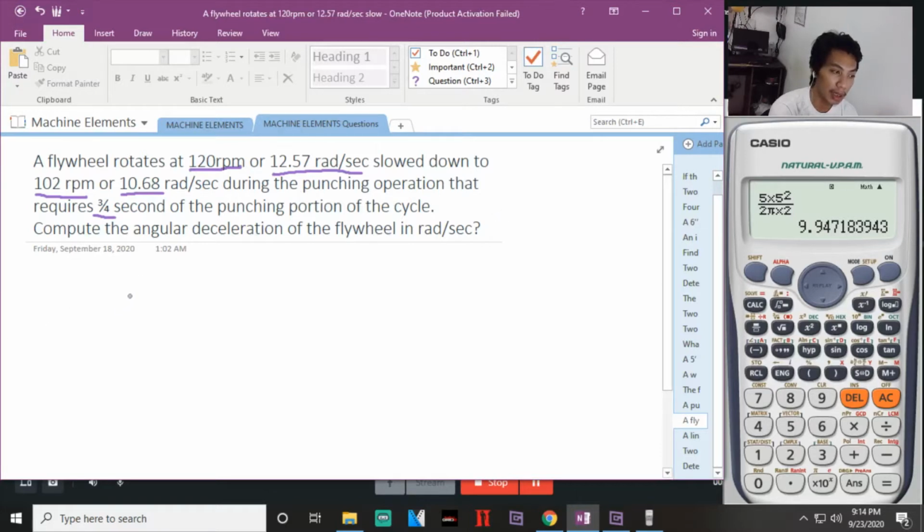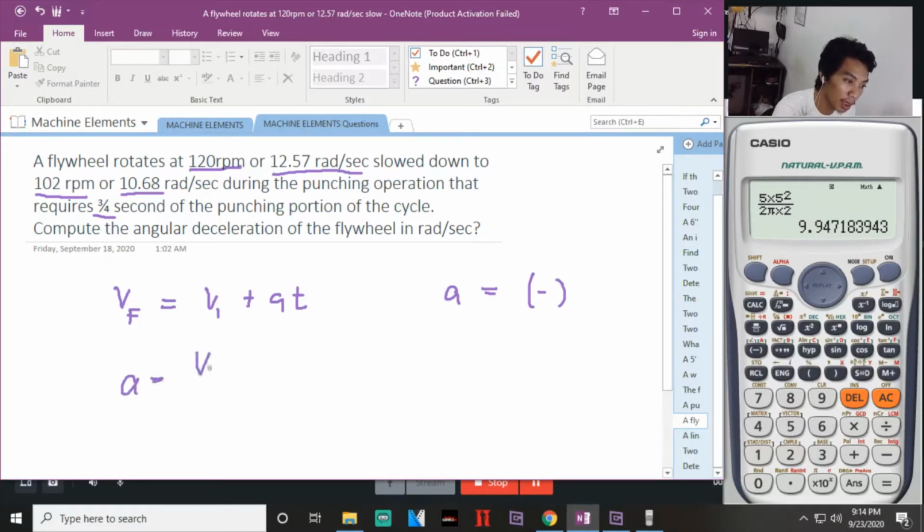Now, for acceleration, kung matatandaan natin, kapag linear motion, vf is equal to vi plus acceleration times time. Now, deceleration ang acceleration natin, so the acceleration natin will be negative in value. Nag-decelerate eh. So, simplifying, divide natin yan ng t, both sides.